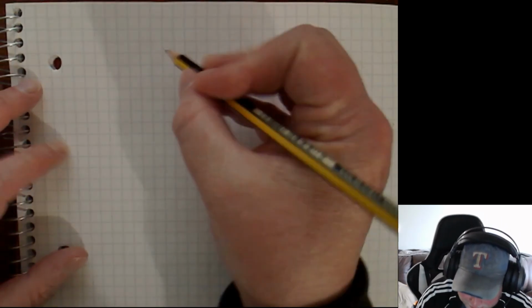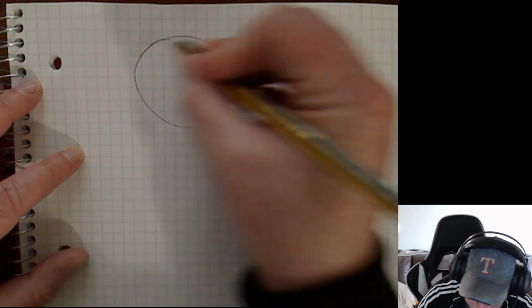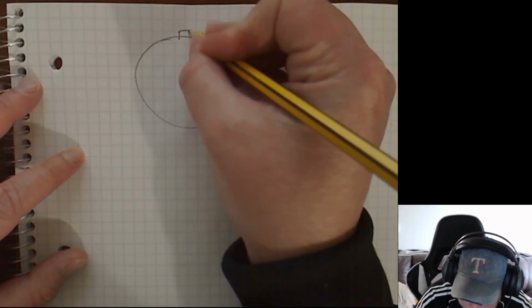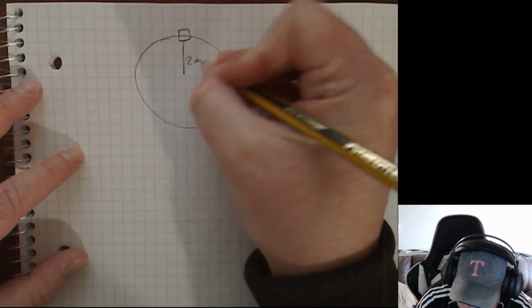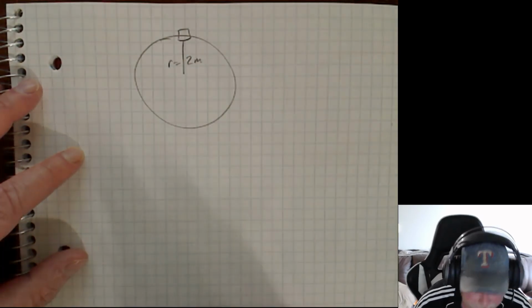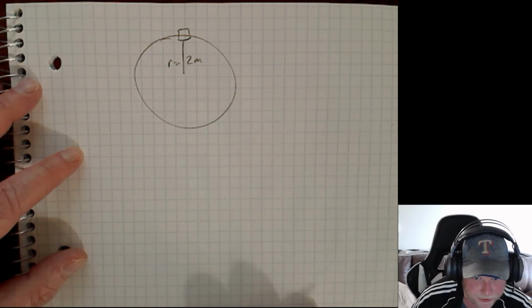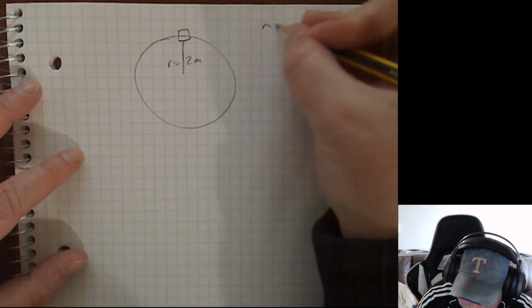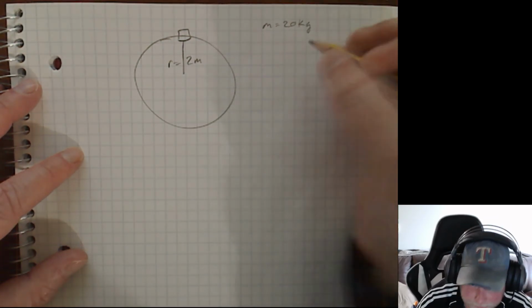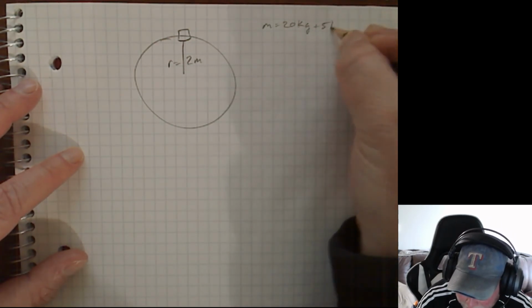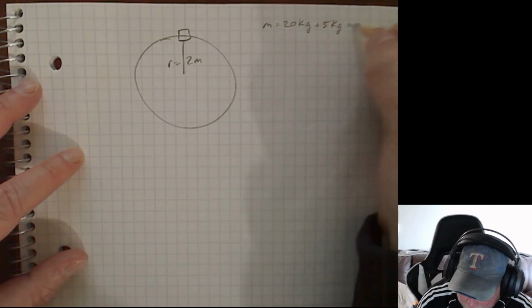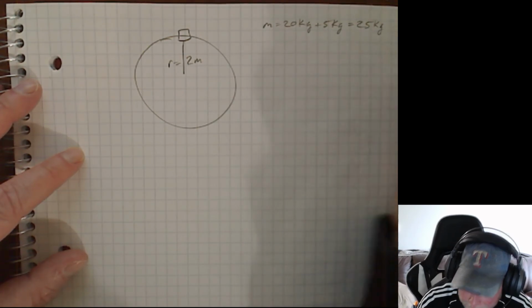Alright, so basically the scenario is you've got circular motion. We're going to say this is a cart. We know it is attached to a 2-meter rope, and that would be your radius. The mass of the kid is 20 kilograms, the mass of the cart is 5 kilograms, so the overall mass is 25.